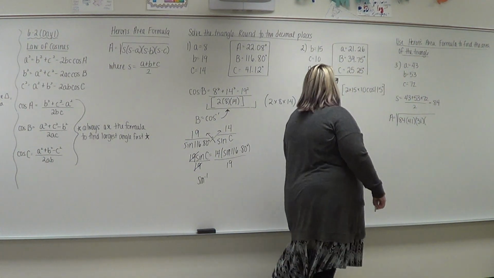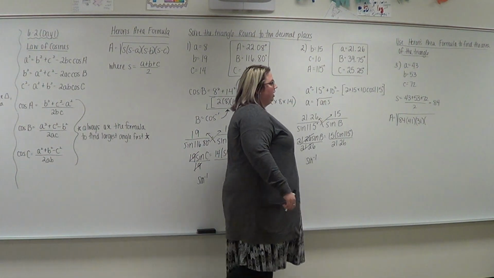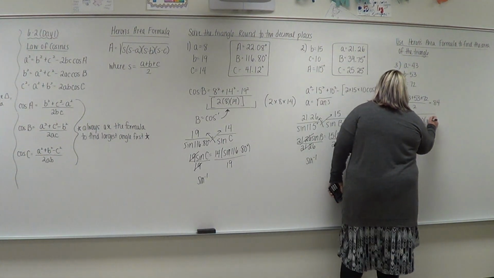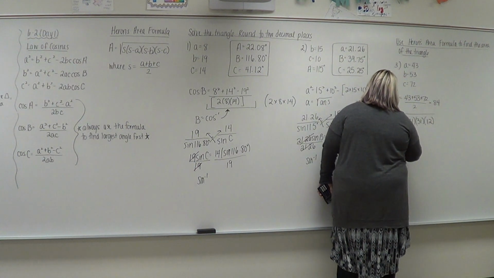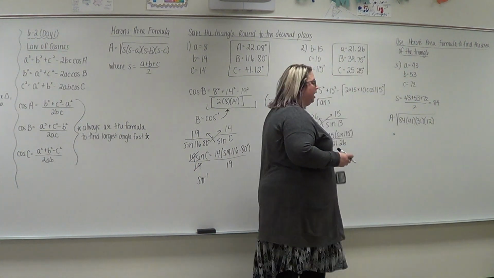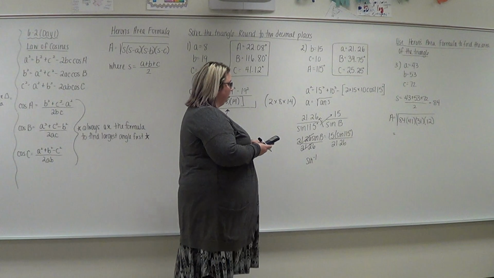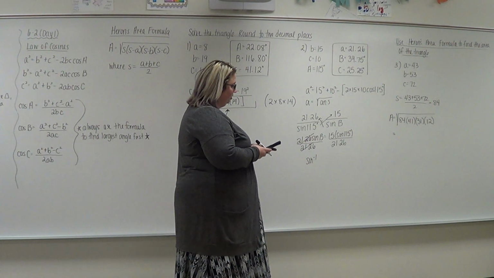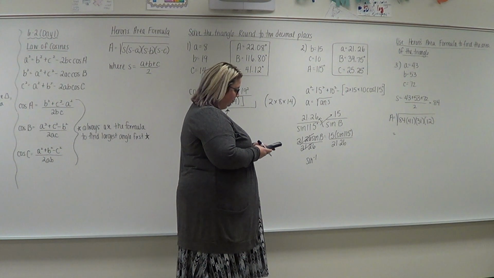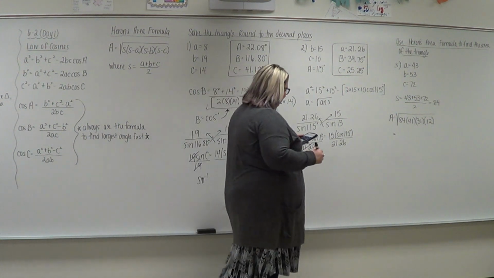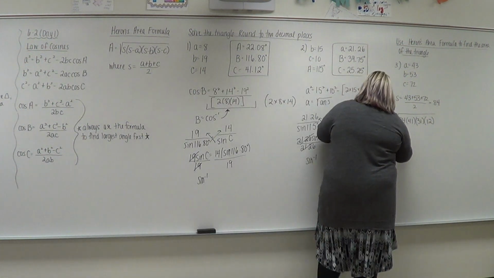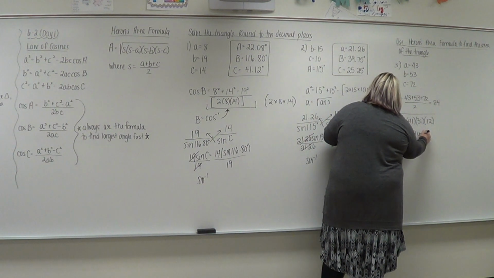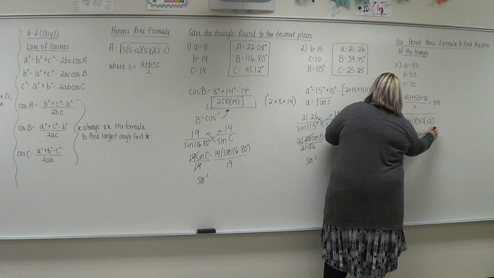Times, and the last one is S minus C, so 84 minus 72. So multiply those all together, and then you take the square root of that answer. That will give you the area of this. 1,131. And if they don't give you a label, we'll label it units squared.